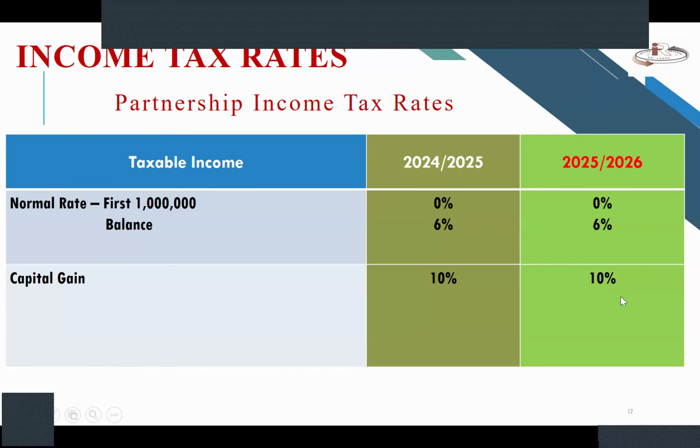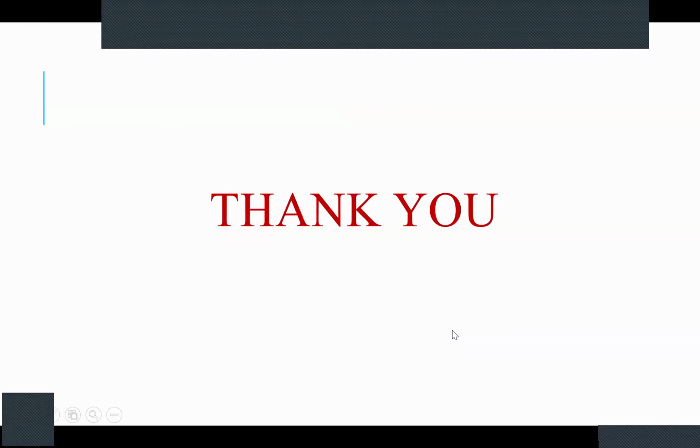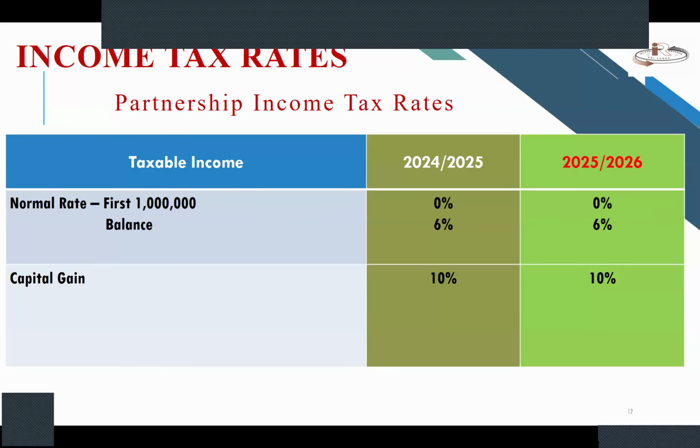I will make the change later. Okay, so this is the calculation. These are the provisions of the partnership tax computation. So let's do one example for the partnership taxation. If you have any question regarding the partnership taxation, you can ask.